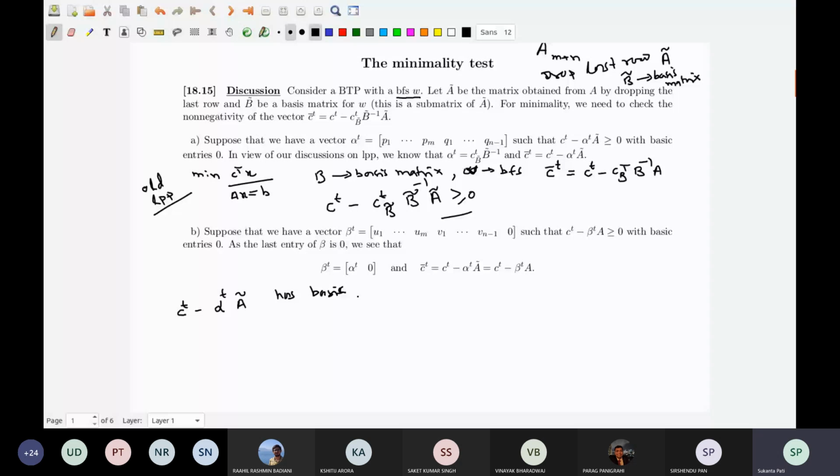Here it is unnecessarily given that greater than or equal to 0. You don't care, this part is not necessary. It has basic entries 0.